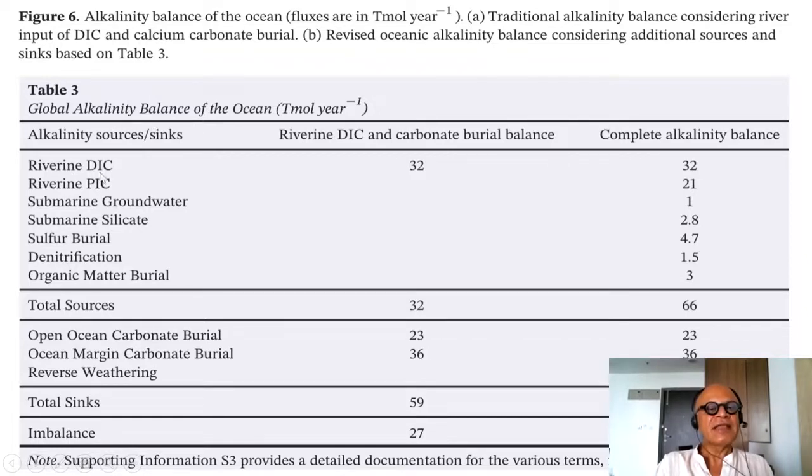Global alkalinity balance, we looked at riverine DIC, PIC, submarine groundwater, submarine silicate, sulfur burial, denitrification, which is a process that is related to some species extracting oxygen, for example, from denitrification.